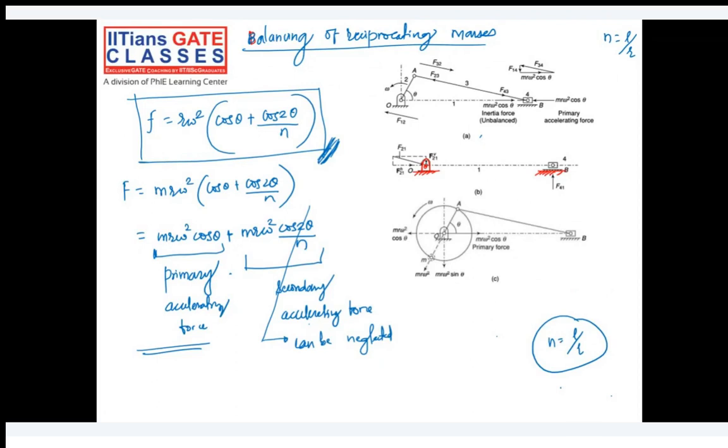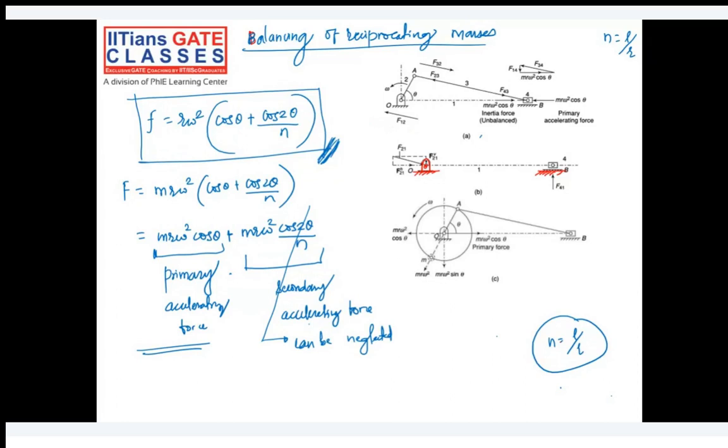So on these two parts, what are all the forces exerted by the inertia force? One is the normal reaction, that is F41 at this location at the piston, because the piston is in contact with the surface or the guide ways, so you will have a normal reaction. And we can clearly see F21 here. Basically this is a hinged support.